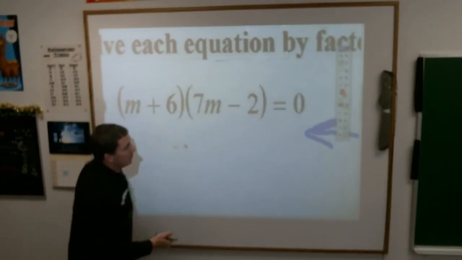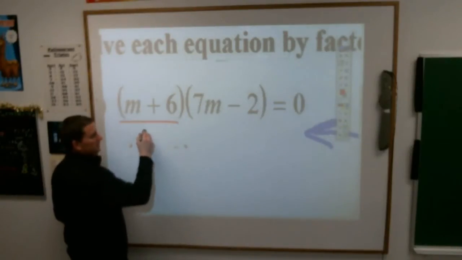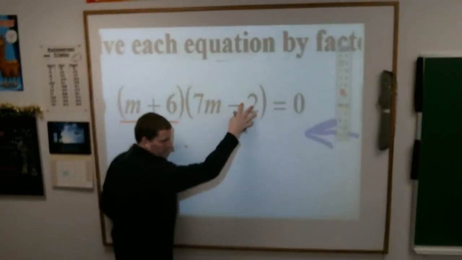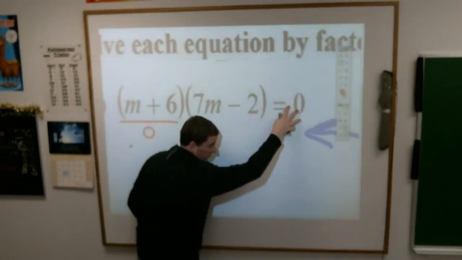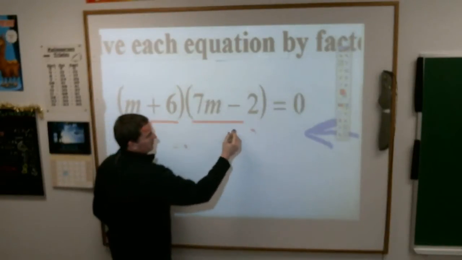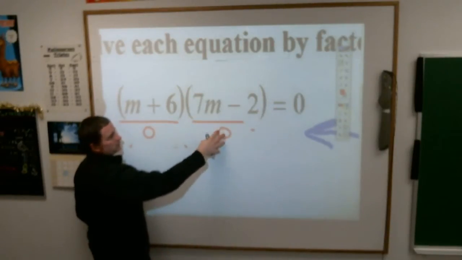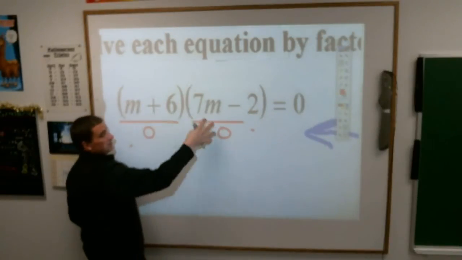So if you can get this parenthesis to be 0, it doesn't matter what this parenthesis is, because 0 times anything gives me 0, and that's one of the answers. Or if I can get this parenthesis to become 0, same thing is true, it doesn't matter what's in the other parenthesis, I'm going to get 0 as well.